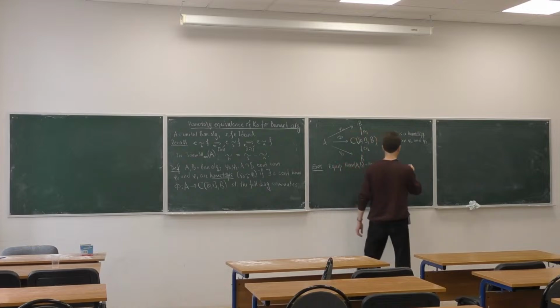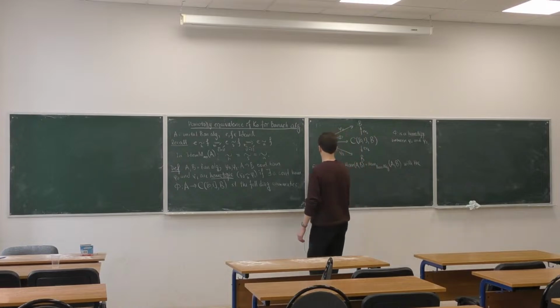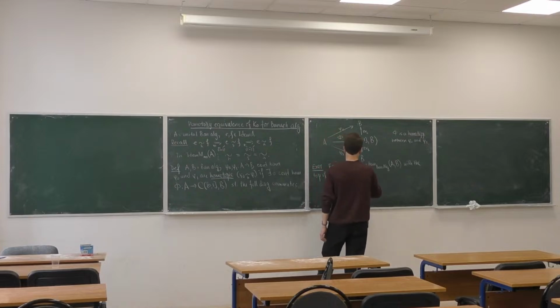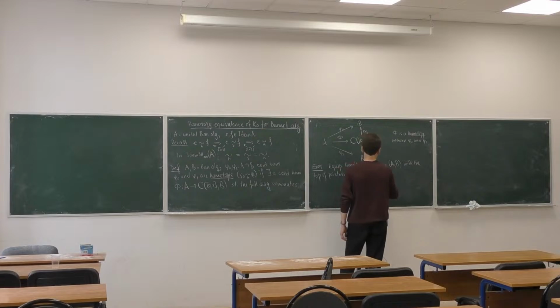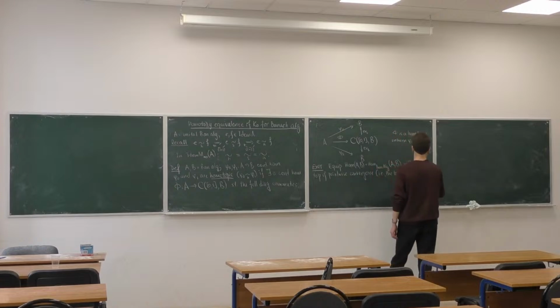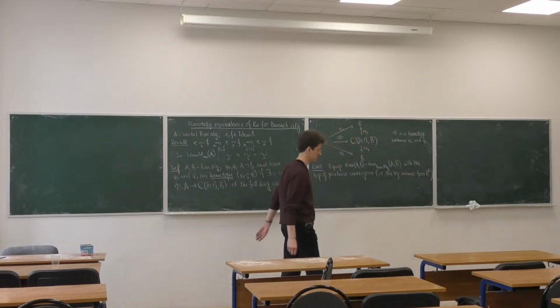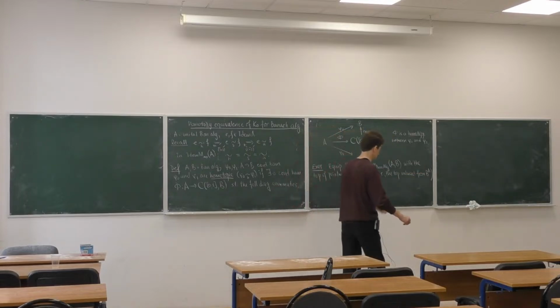We equip this set with the topology of pointwise convergence. This means that this is the topology induced from the space B to the power A, the space of all maps from A to B. And this set is equipped with the product topology. So we consider many copies of B and take the product topology.